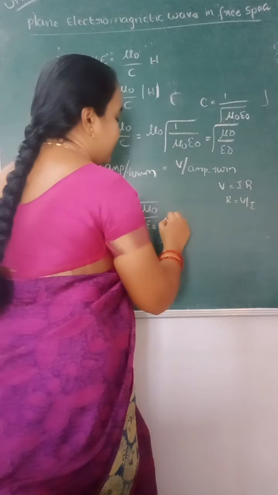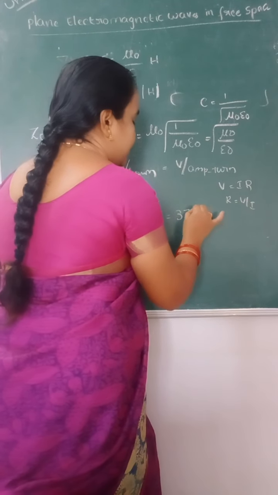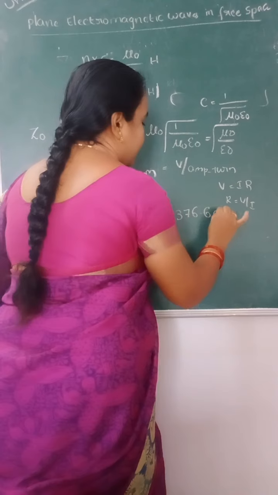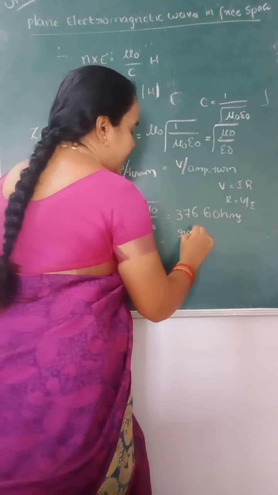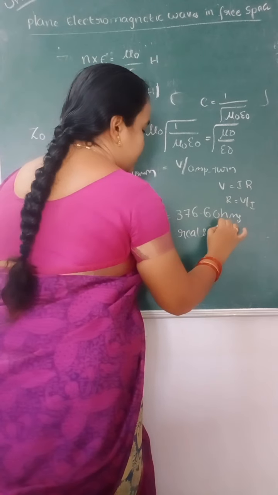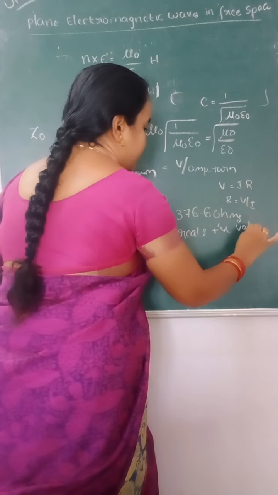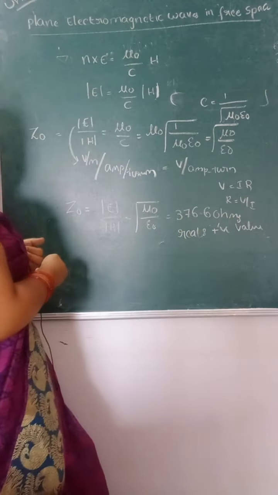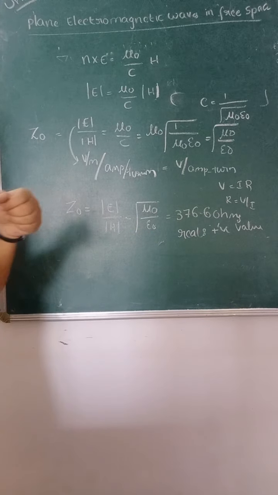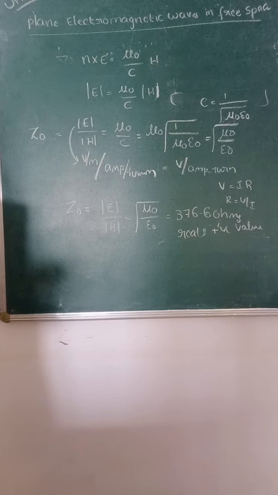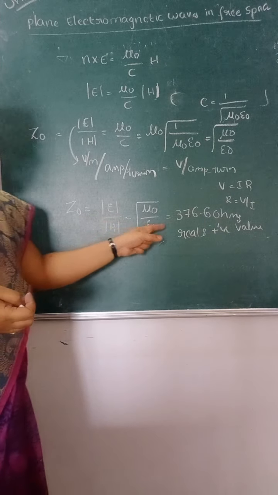If you calculate this, we get 376.6 ohms, which is a real and positive value. So the wave impedance of the plane electromagnetic wave in free space is positive.